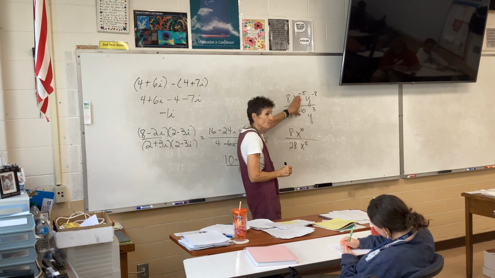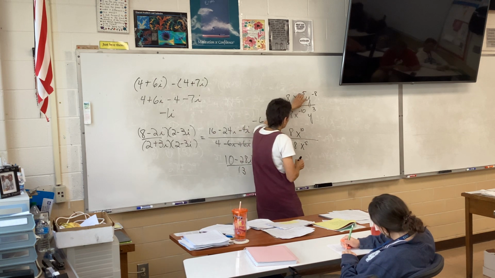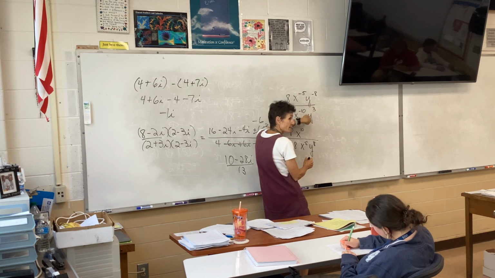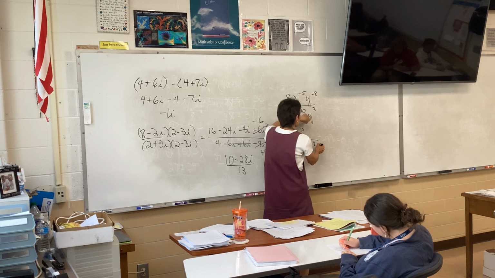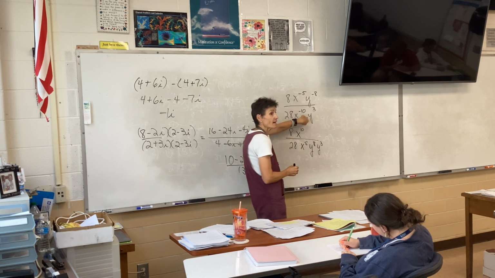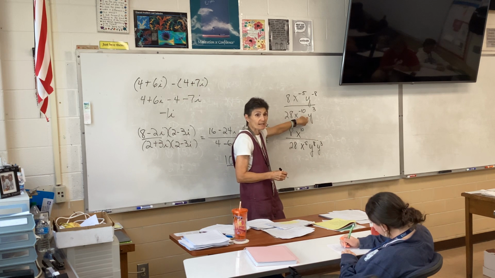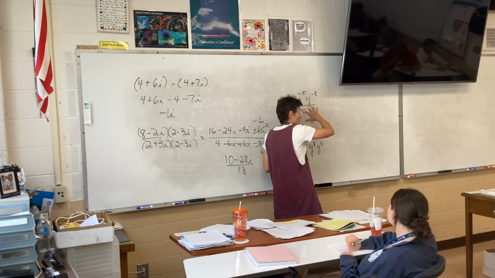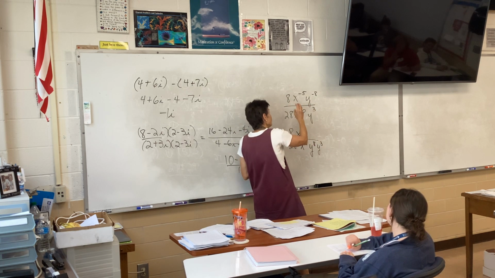Everybody okay with that? So I move those. This is gonna come down, but you see this guy? He's staying down. He doesn't move because his exponent is not negative, it's positive. So don't think you just flip everything, because you don't. You move what's negative.